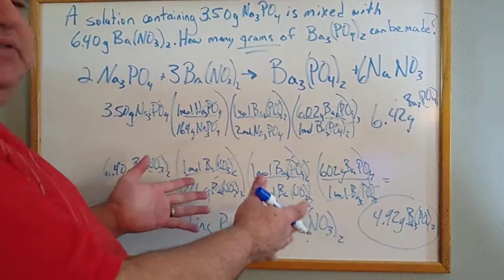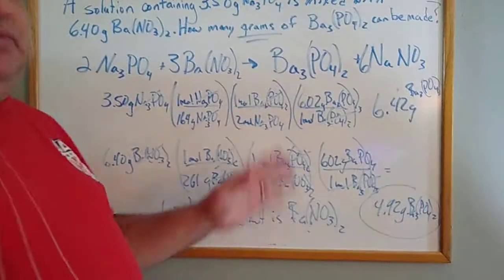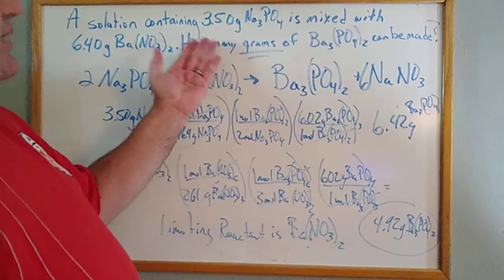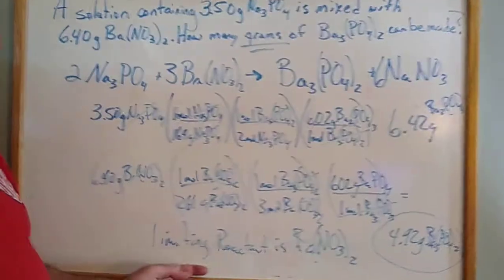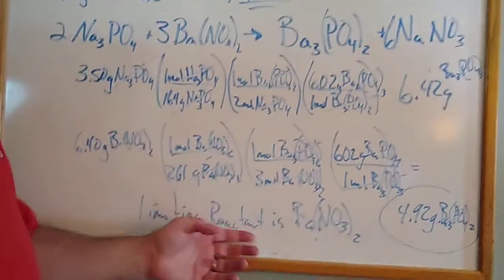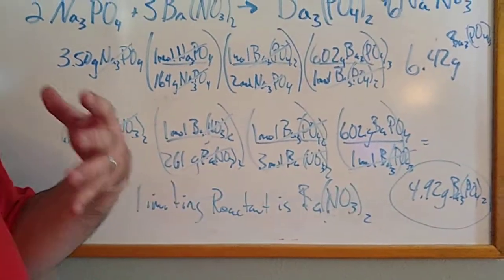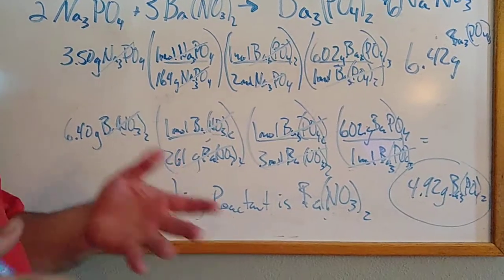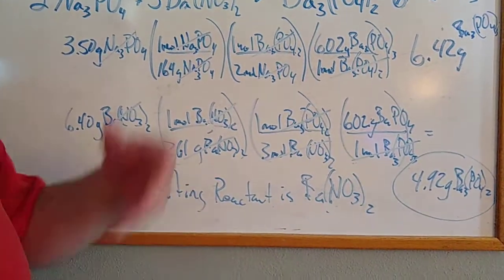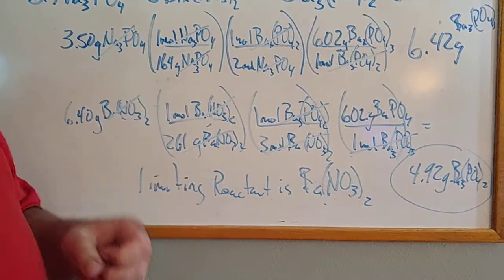The concept part is this. If you can do this part, you can do anything in chemistry. And in chemistry, this is the big deal. Those of you that want to go into engineering, the limiting reactant is where you're going to save your company money. If you're spending money on certain reactants, and some reactants cost hundreds of thousands of dollars for just a tiny amount.